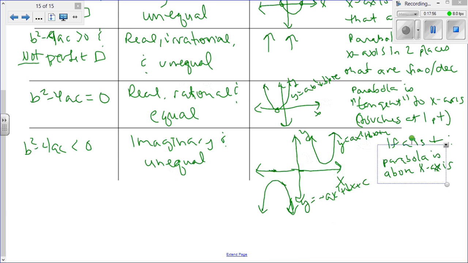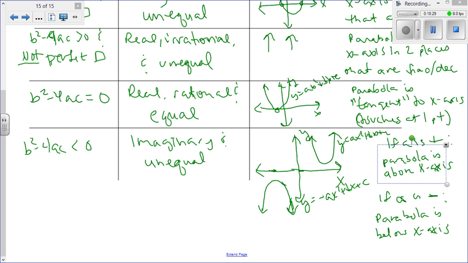And if a is negative, the parabola is below the x-axis. And I don't know if you remember that when you are graphing a parabola, if a is positive, then your graph opens up.